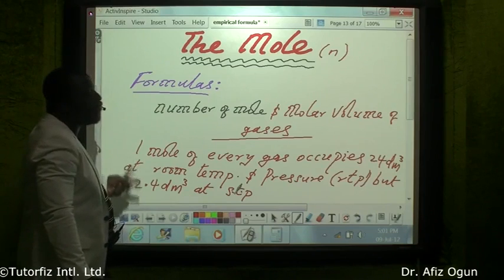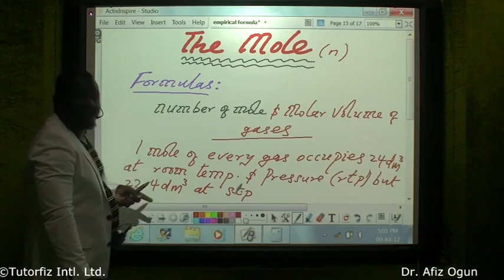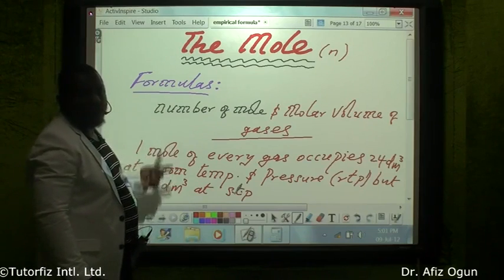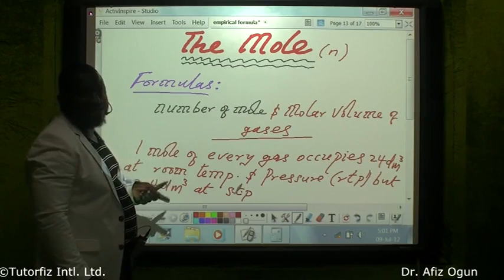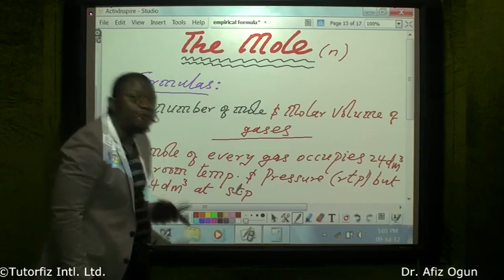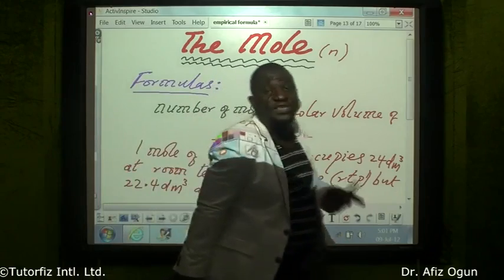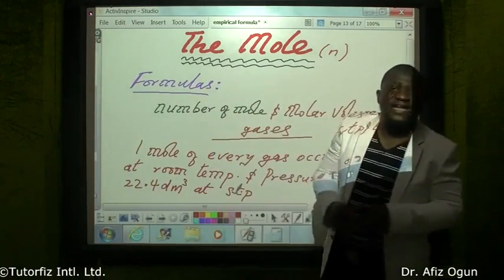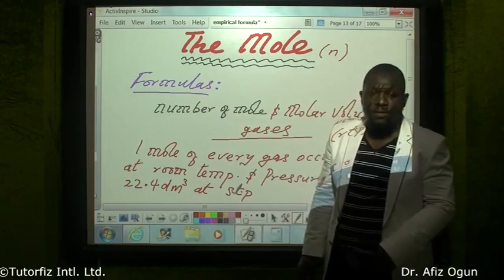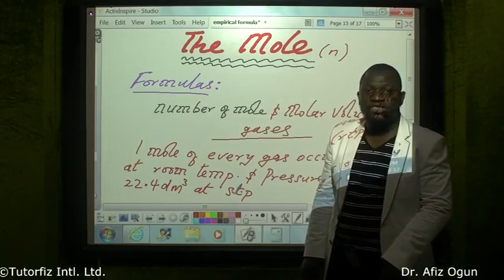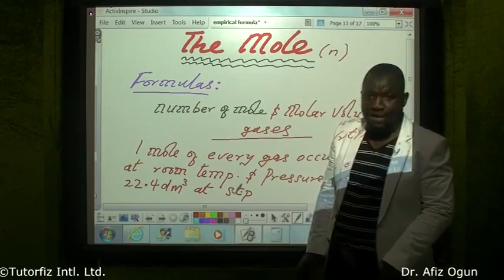Please, if you are given the volume of the gas in cm cube, you need to convert it to dm cube by dividing it by 1000, because 1000 cm cube makes 1 dm cube.